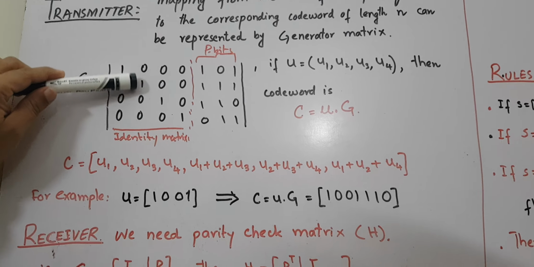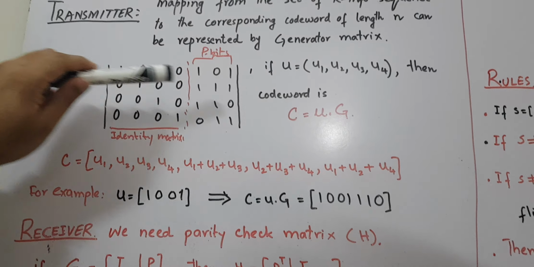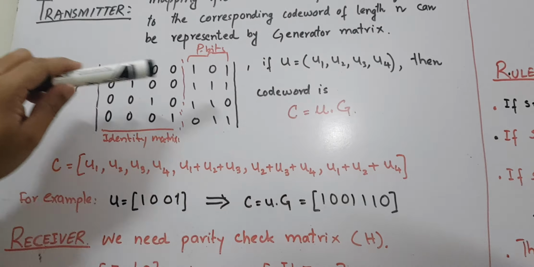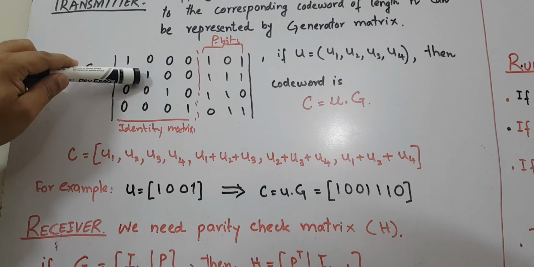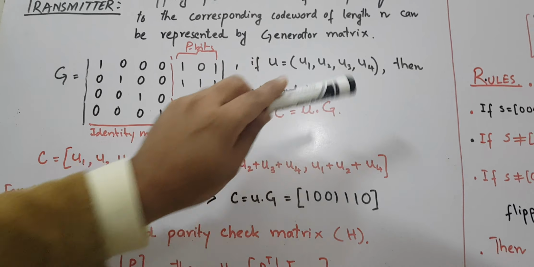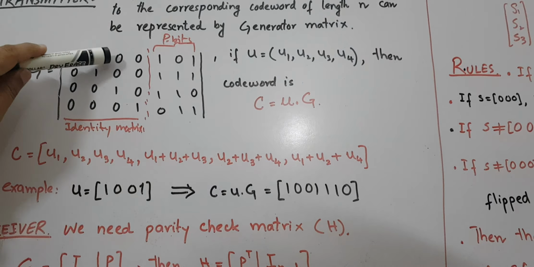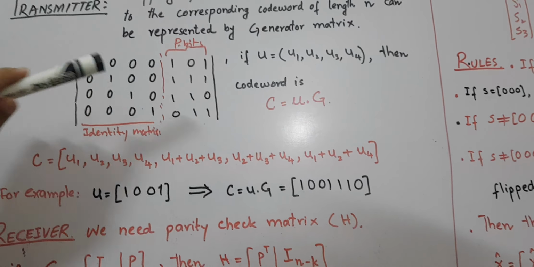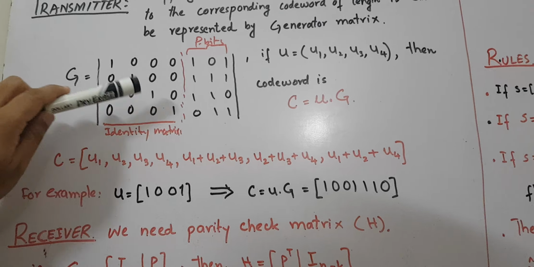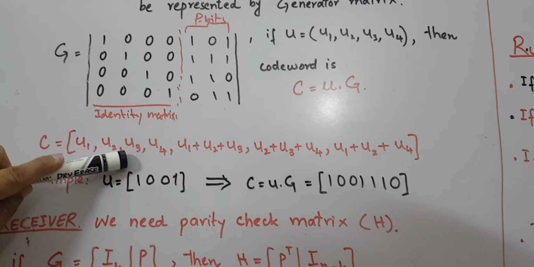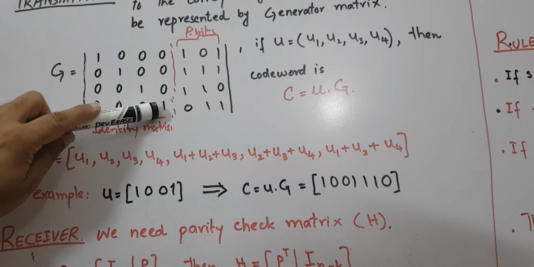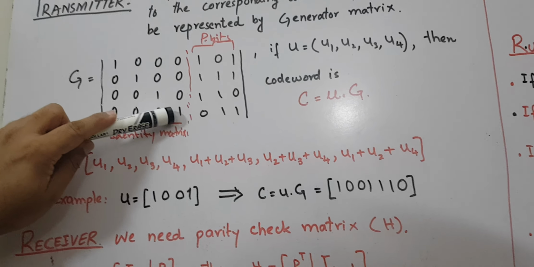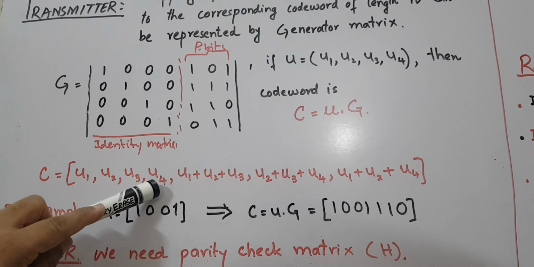Then for the second column u2 is multiplied, and there is a 1 in place of u2, so that is u2. The third column is again multiplied with these 4 bits, and the third bit is 1, so you see u3. And on the fourth column the fourth place is 1, so it is u4.